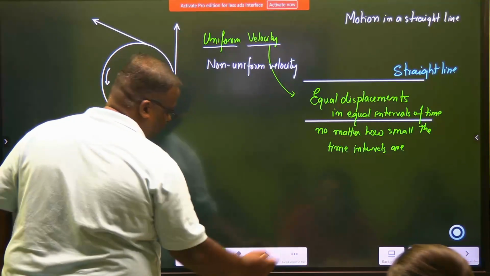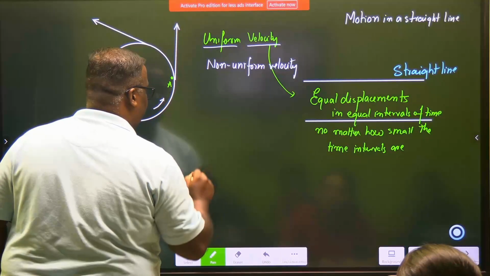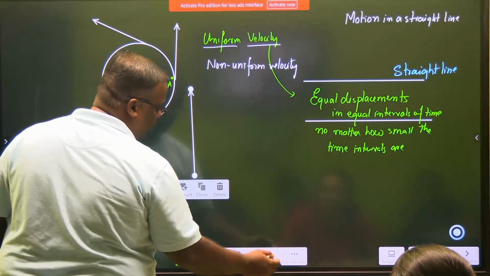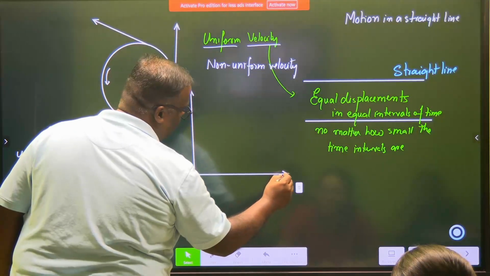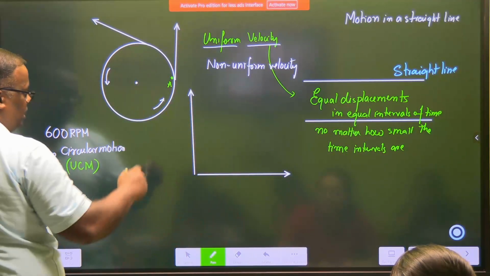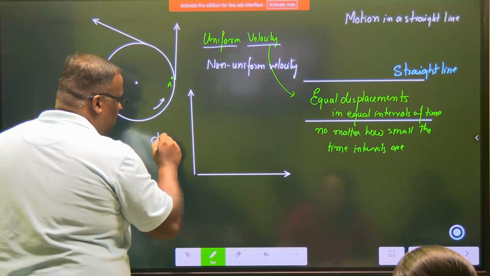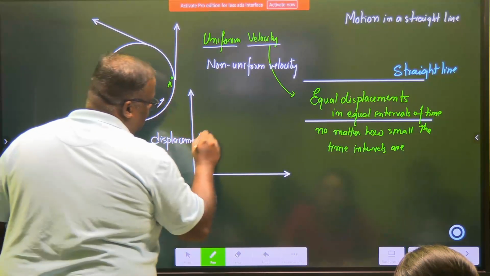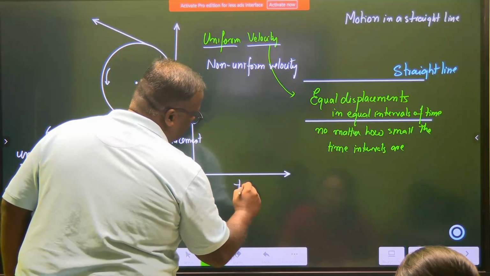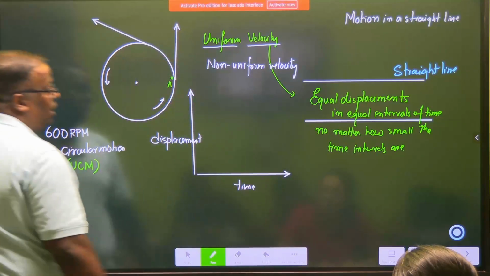Graphs are very important, okay? Velocity will always be shown over a graph of displacement and time. We'll cover this again later. So this will be my displacement. You remember in speed, we used to show it over distance, displacement, and this will be my time axis.